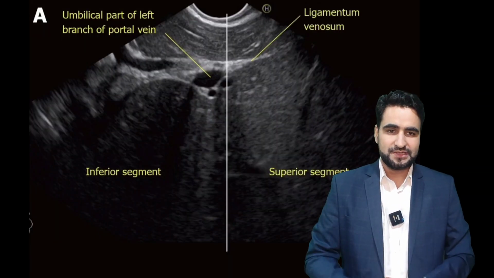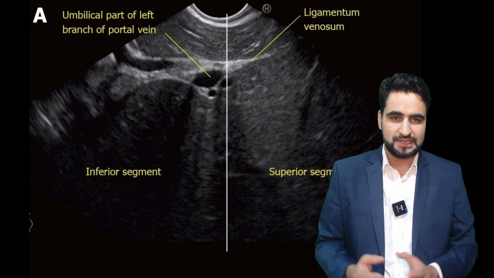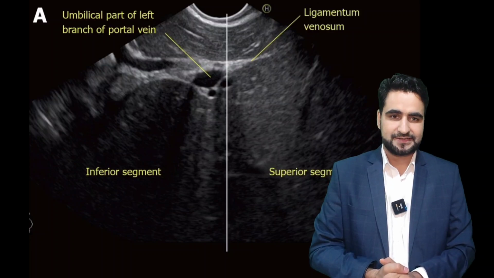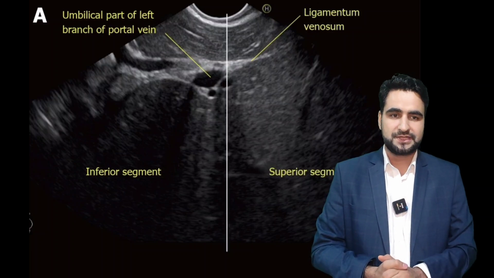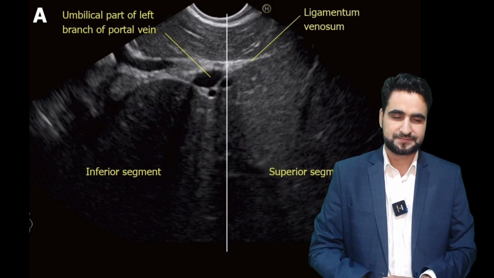In this image, we see one of the most fundamental landmarks, the umbilical part of the left portal vein. A horizontal line drawn at the upper border of the umbilical segment effectively separates the superior segments above the line from the inferior segments below it.